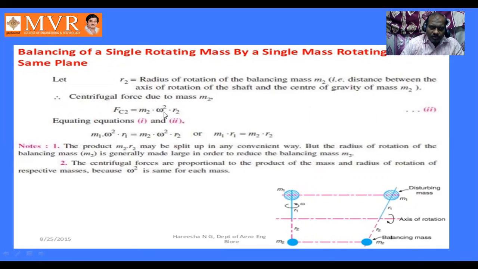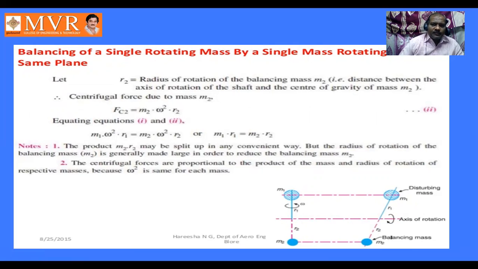As the speed is constant because it is rotating on the same axis, the angular speed is constant. The parameters here will be m2 and r2. Why? Because these two are rotating on the same plane, that's why the speed is constant.